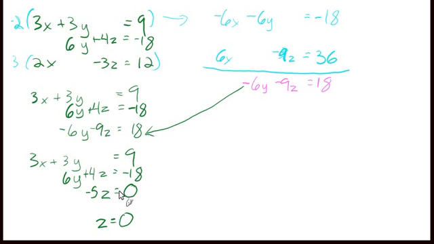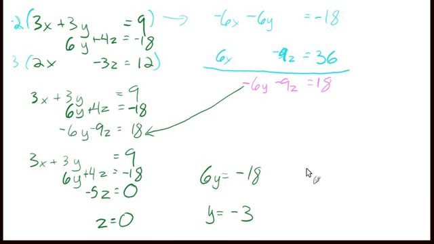We can put that in here. That would make 6y equal to negative 18. Divide by 6 on both sides, y is equal to negative 3. Take 0, put that in for z here. There's no z there, so we're just going to put negative 3 in for y into that first equation.